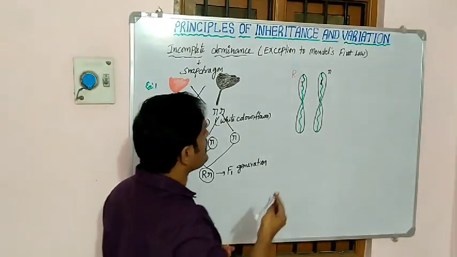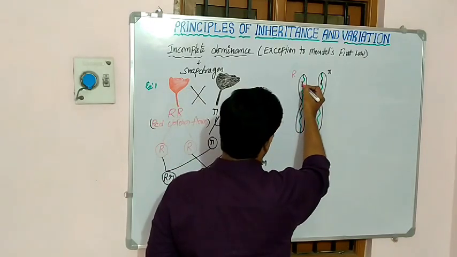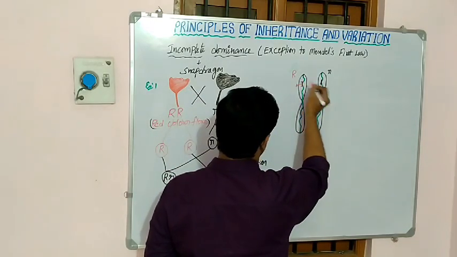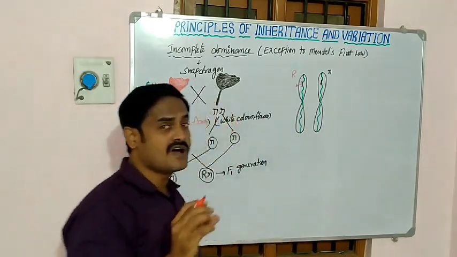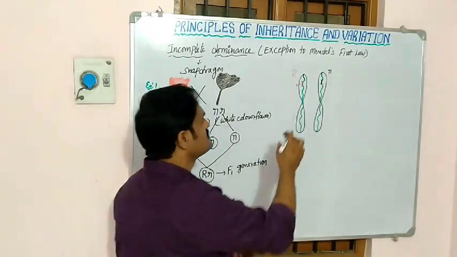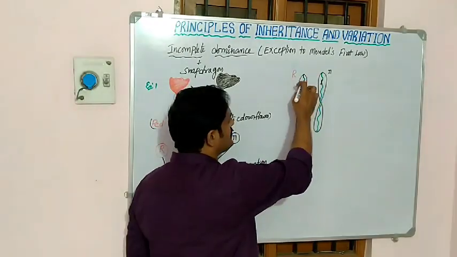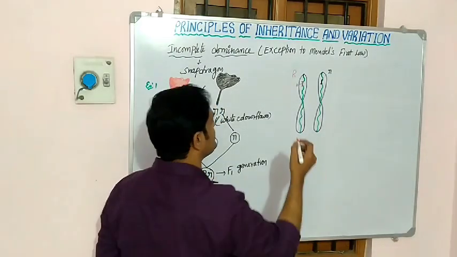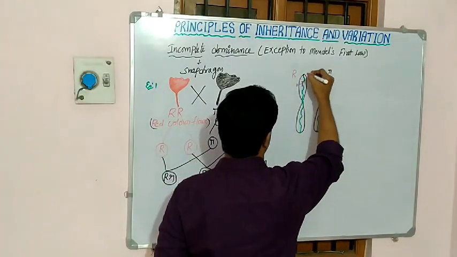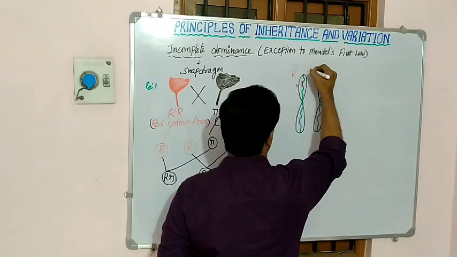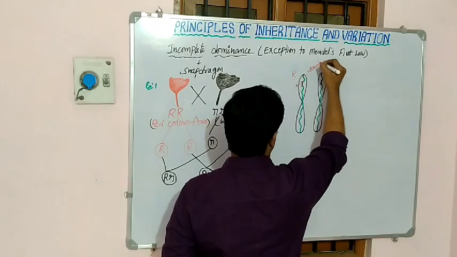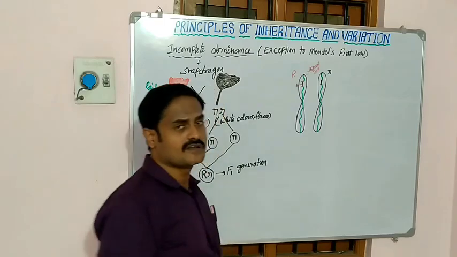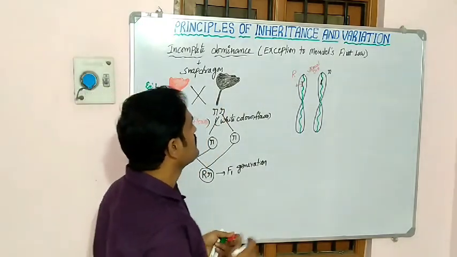Here the red color gene forms a normal DNA. So this red color gene is produced from the normal DNA. So which type of DNA is this? Normal DNA. Remember, it is a normal DNA.